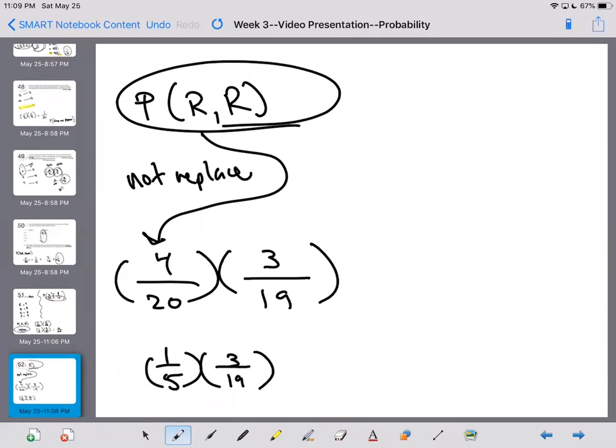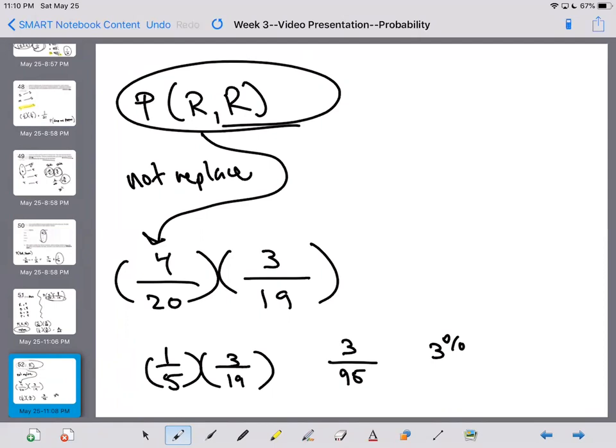So 5 times 19 is 95. So 3 out of 95, which is about a 3% chance if you don't replace it and you choose it again.